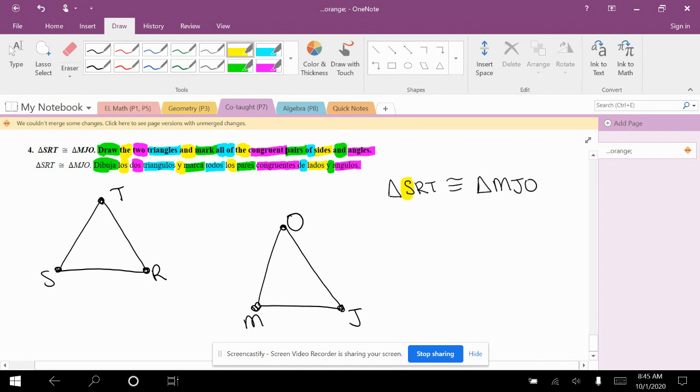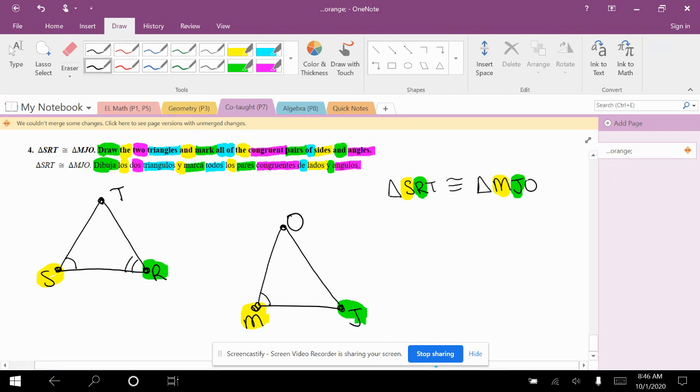the first letter on the left is congruent to the first letter on the right. So S and M are congruent. I can put 1 tick mark by the angle. The middle letters are congruent. So angle R and angle J are congruent.